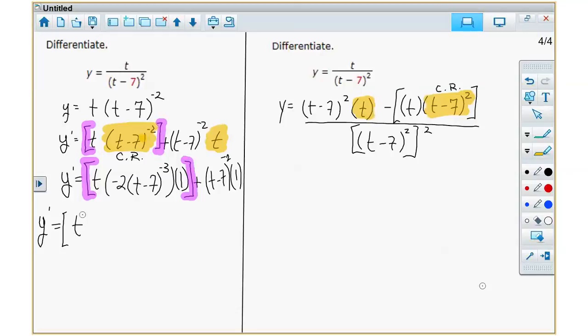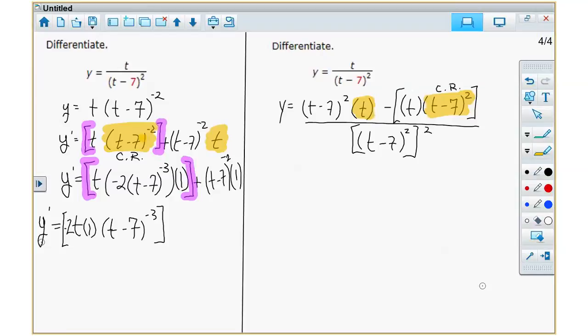T, and I'm going to put that -2 here, and that 1, I'm just showing you that I'm going to pull that all out here. And then that'll give me T minus 7 to the -3rd. And I'm going to put brackets around that because that's still that part right there. -2t.